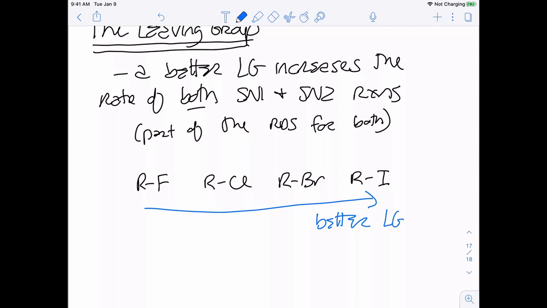So iodide is a better leaving group than fluoride is. So if you were to compare two sets of conditions where the only thing that's different was a leaving group, so let's say the halogen was on the second carbon of 4 carbons in both cases. We had the same nucleophile in both cases, but the only difference was you had a chlorine versus a bromine. The one with the bromine is going to be faster than the one with the chlorine. Its leaving group is better, so it's going to increase that rate.